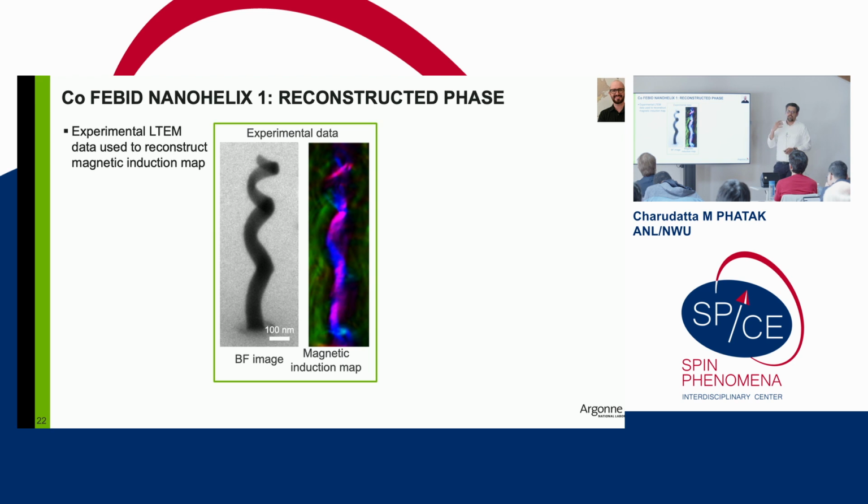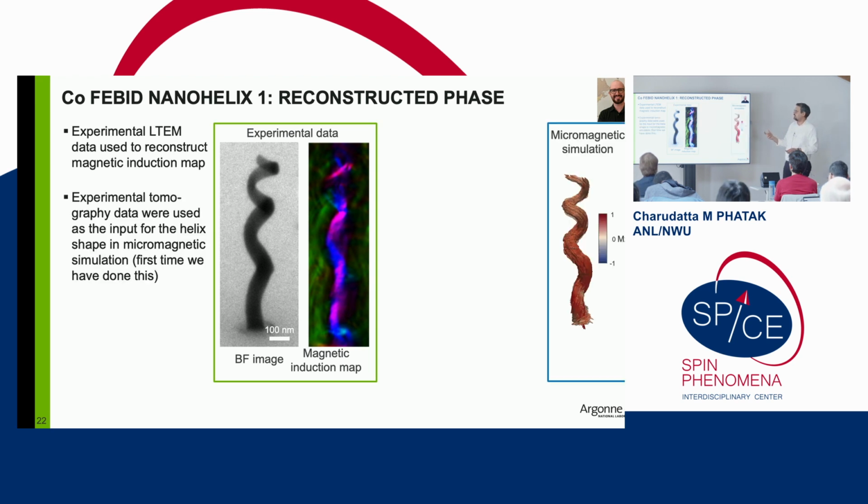Now that we have the tomographic reconstruction of these nanohelices, he used the 3D reconstruction of the actual helix as input for micromagnetic simulations. So now we are incorporating the physical deformations or changes that have happened in the structure into micromagnetics. This was the first time we did this. I don't know if this has been done before.